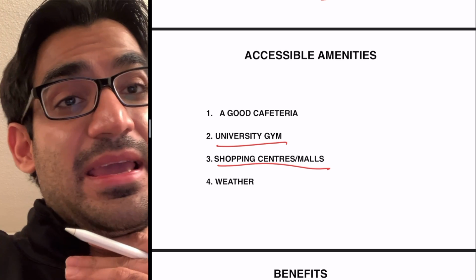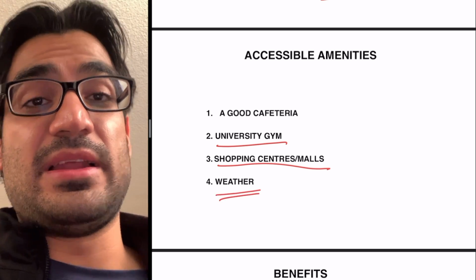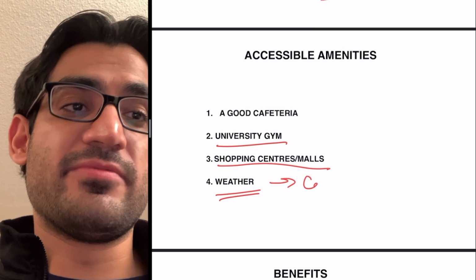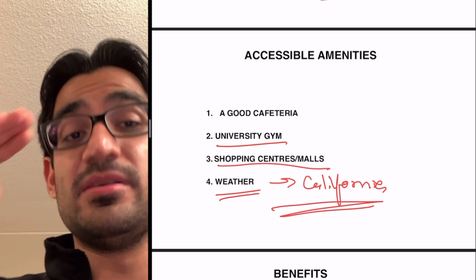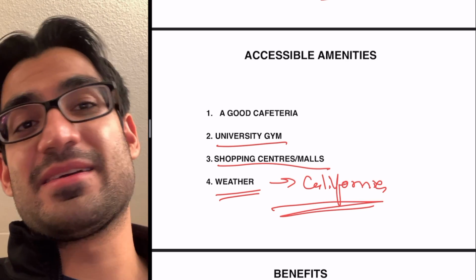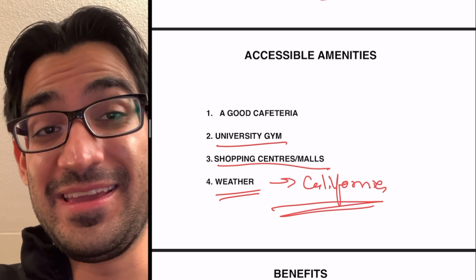That's something that I would not sell short on. Weather is again everything, and this is why you will see that a lot of applicants rank Californian programs a lot higher, because the weather is sunny and good all year around, not wintry.